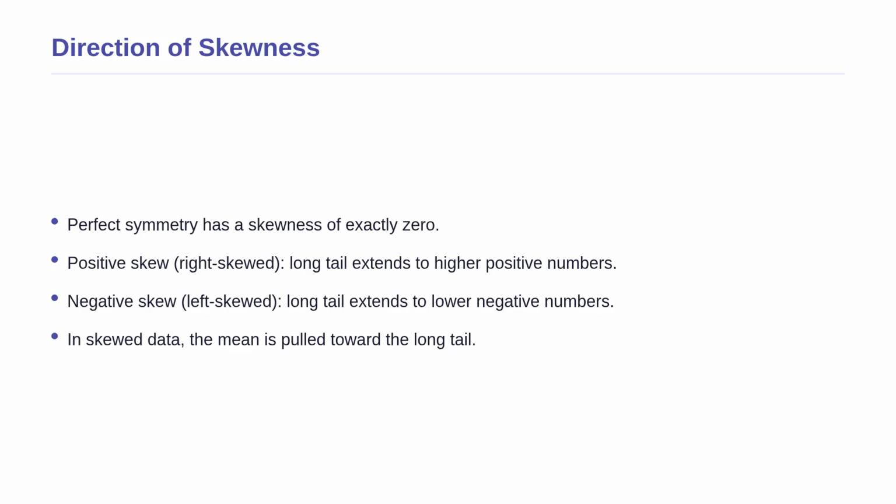A great example is the incubation period of a disease, where most get sick quickly, but a few take weeks. Conversely, a negative skew, or left-skewed distribution, has a long tail stretching towards the lower numbers on the left. In these skewed distributions, the mean is always pulled in the direction of that long tail.